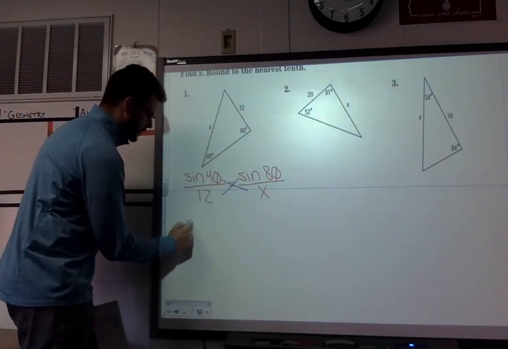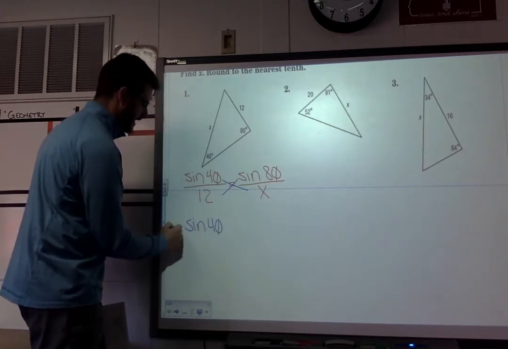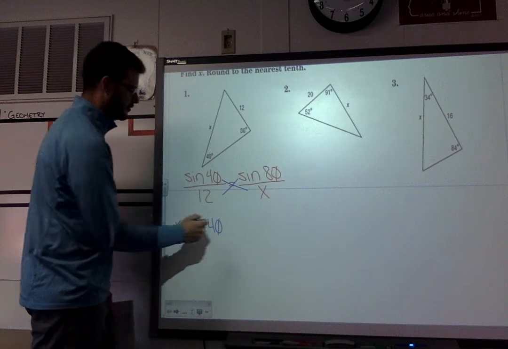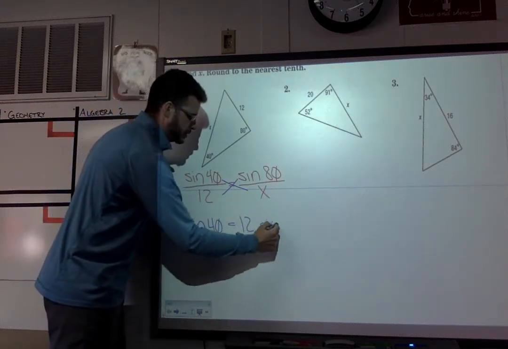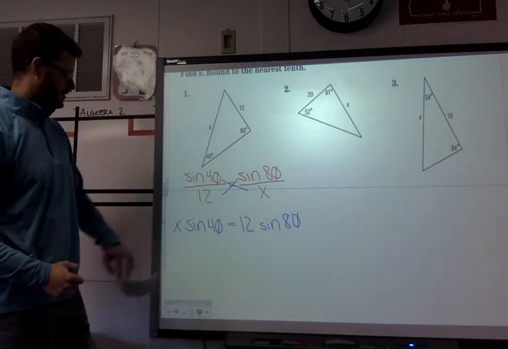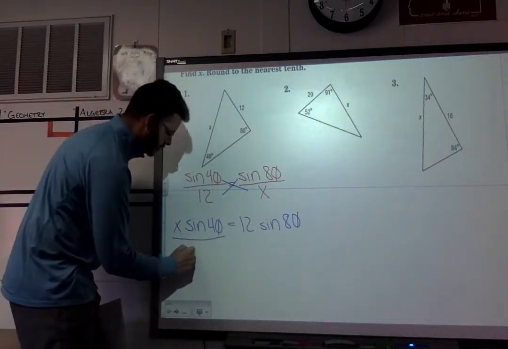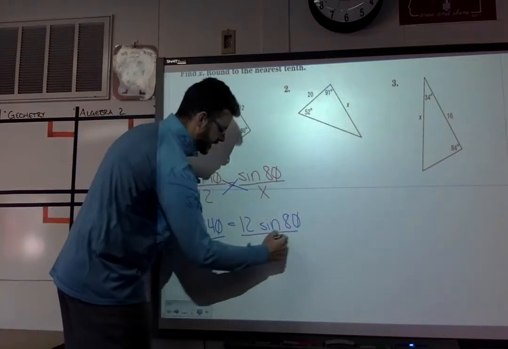So this would become x times the sine of 40 is equal to 12 times the sine of 80. Then to get the x by itself, we would divide both sides by the sine of 40.